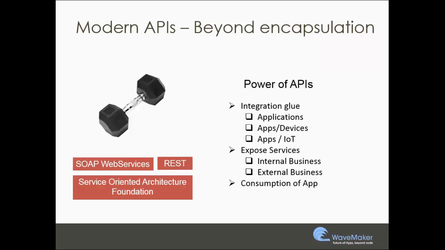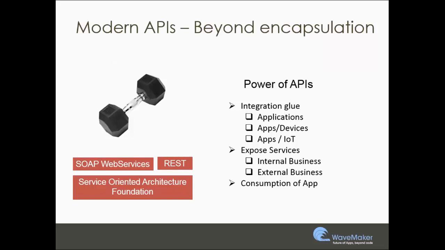And so clearly what we are seeing is APIs have moved beyond just being encapsulation components. Today, the power of APIs lies in them being the integration glue between applications or applications and devices. It is the ability for enterprises to expose their APIs as services, both for their internal business applications as well as their external business applications.